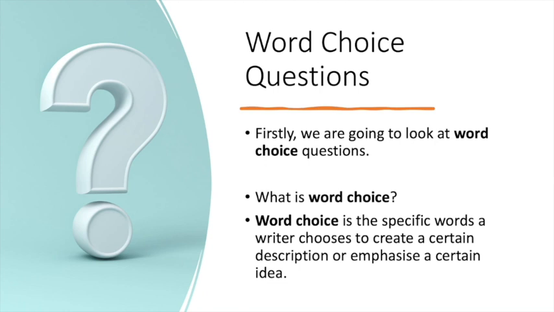So, what is word choice? When we talk about word choice in English, we mean the specific words a writer chooses to create a certain description or emphasise a certain idea. That might sound a little bit confusing, but all it really means is that when writers are writing, they choose their words carefully.